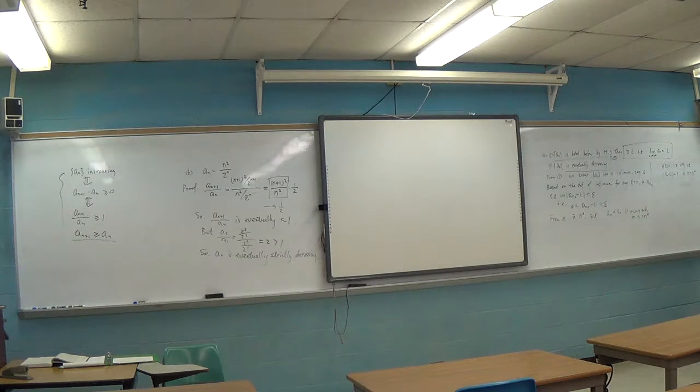If it's decreasing, it means for all m greater than n, a_m is less than a_n. That's the decreasing definition. When n is bigger, a_n is smaller. But now it's eventually decreasing, which means there exists n star: when n is big enough, meaning greater than this n star, this is true.